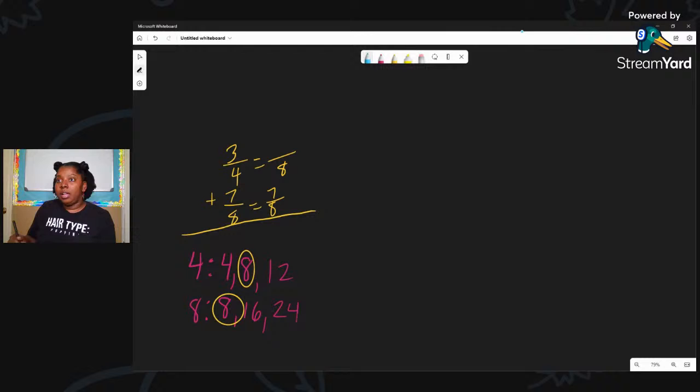And 4 times what equals 8? 2. Which means 3 times 2 equals 6. And then you add it. So the hardest part was just counting by that number.